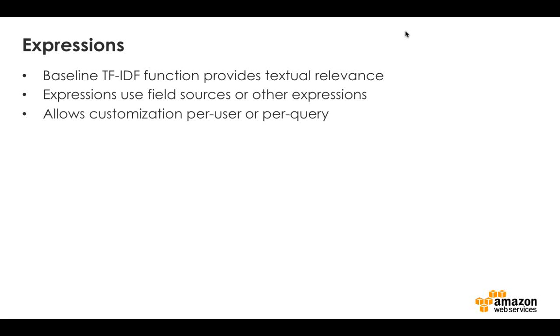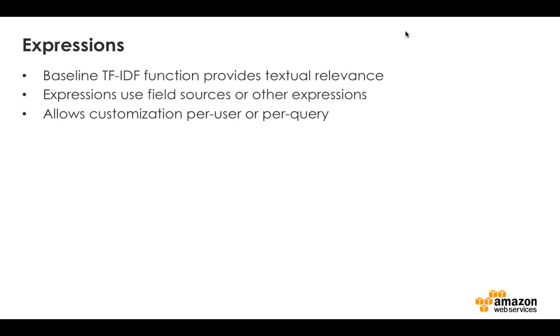So if I want to add something like freshness, I can use either a year field or a date field and add a function that either directly subtracts the difference between the latest and the value for each of the documents, or I can use an exponential function that allows me to do an exponential decay across the age of the document. And I can use this to bring a different value to the score, bring that freshness into the score. Same thing with popularity. I can add that directly into the score.